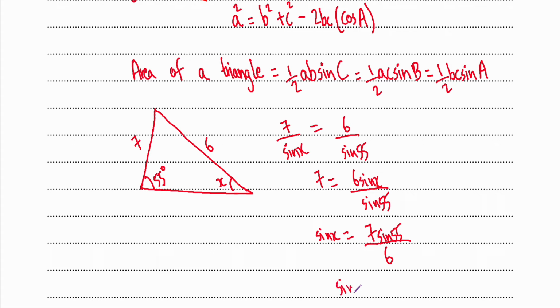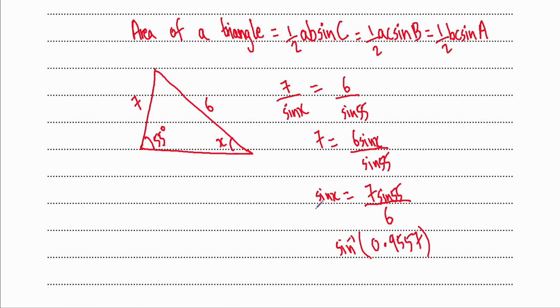So you find the sine inverse of 0.9557, and that is equal to 72.9 degrees. So we have that right. So that means this is 72.9 degrees.